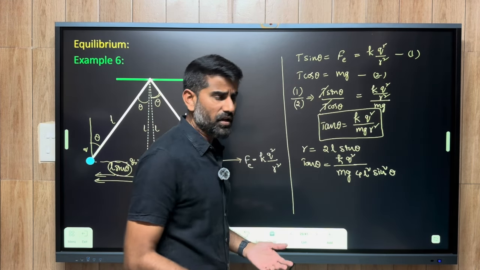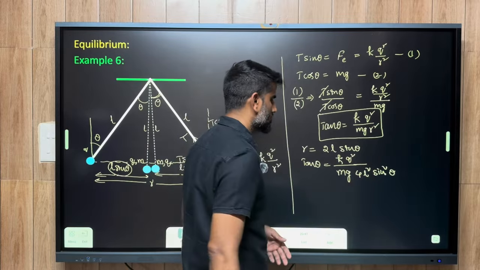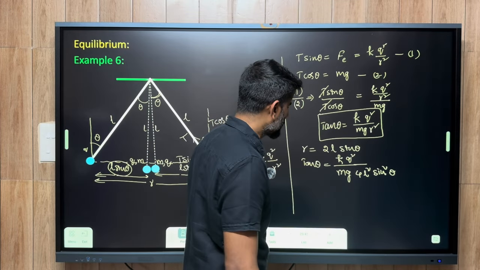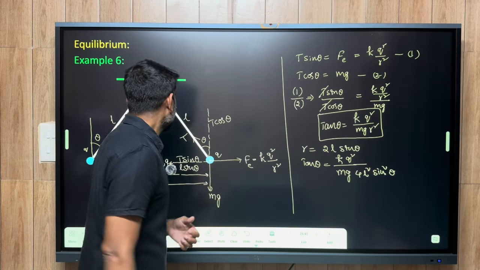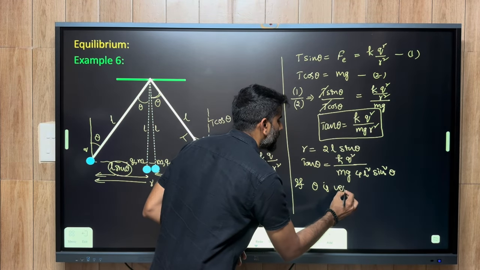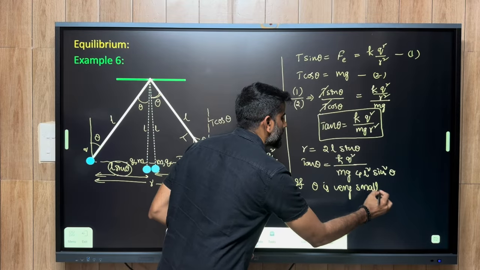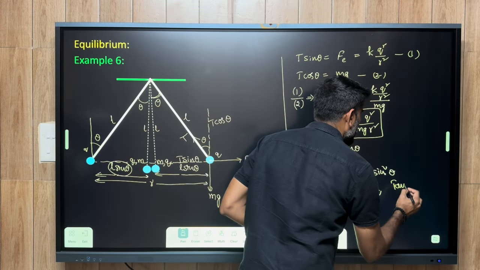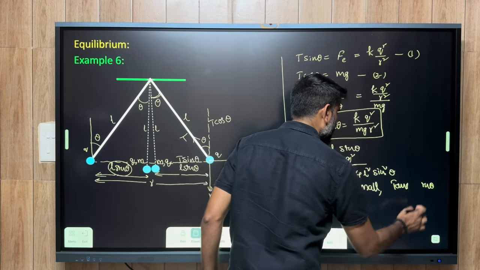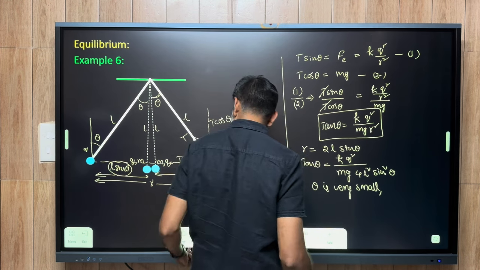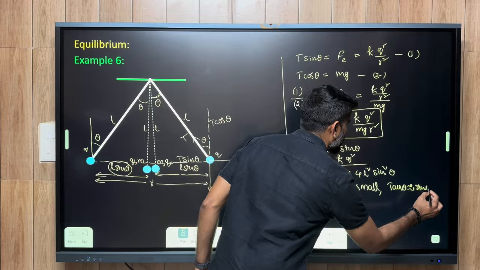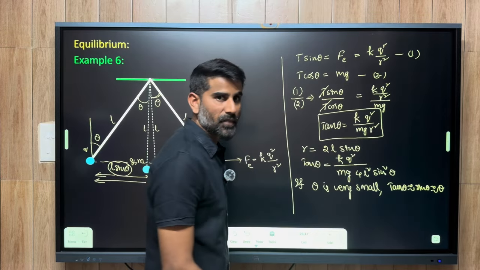Now, as we have got another conclusion here, you can simplify this equation even further by considering special cases, like theta is very small. If theta is very small, then tan theta is identically equal to sine theta, which is identically equal to theta.